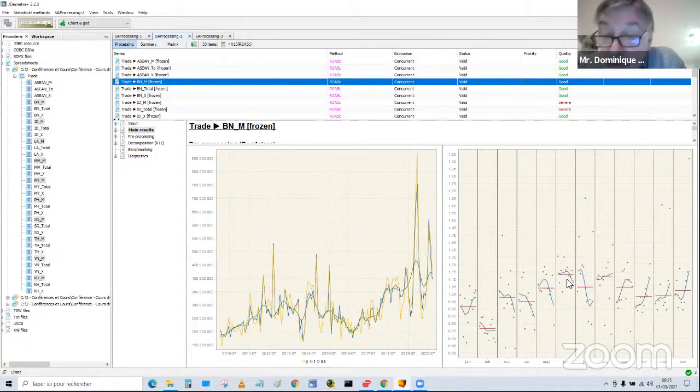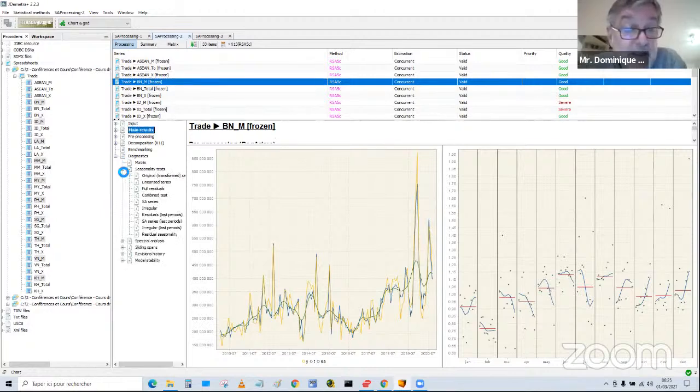So it means that you should have a huge trading day effect, even if you do not see a large difference between the red curves; it's just because of the scale effect. But you have a big difference between this one and this one, for example, between February and June. So my guess is that we should have a clear seasonal effect in the seasonality test, with perhaps some one or two disagreements, but I'm not sure.